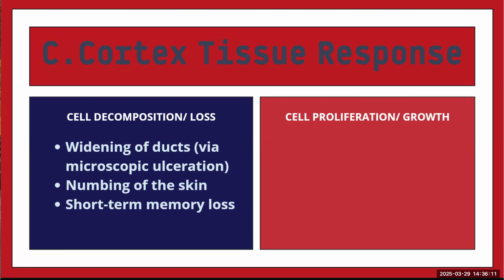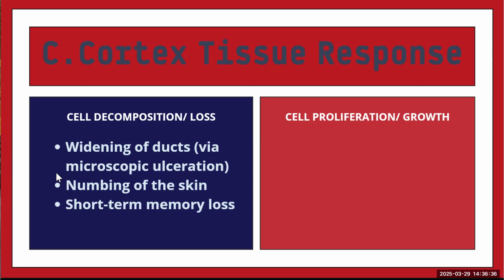What does it do? It widens the ducts by eroding or ulcerating. This is a medical term for erosion, or ulcerating the inner lining. And again, this is a microscopic process. You do not see this, but it's already happening as the body is preparing to lose those cells that you no longer need because of the separation.